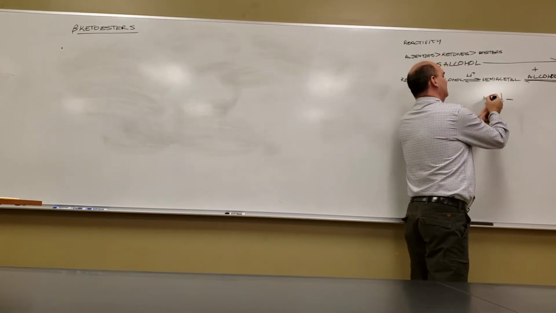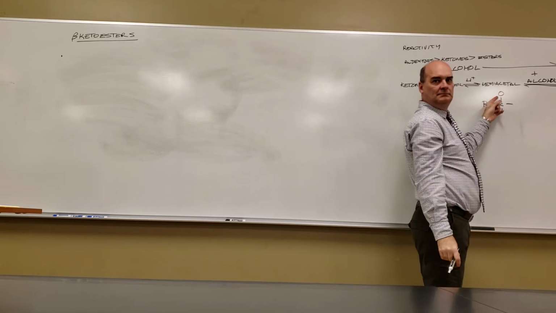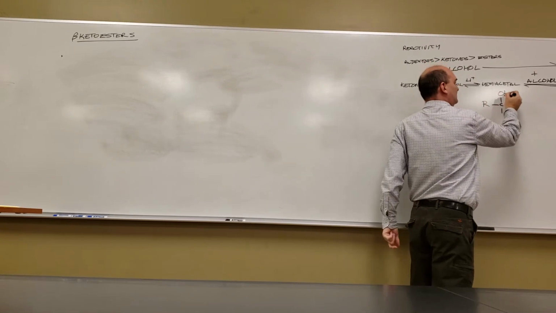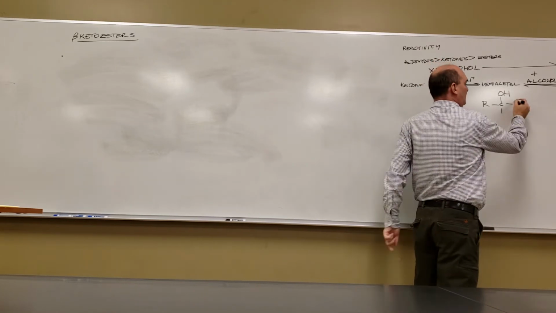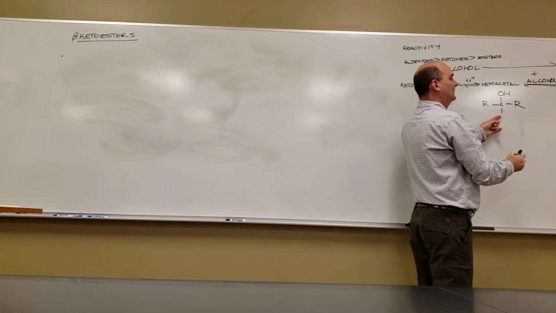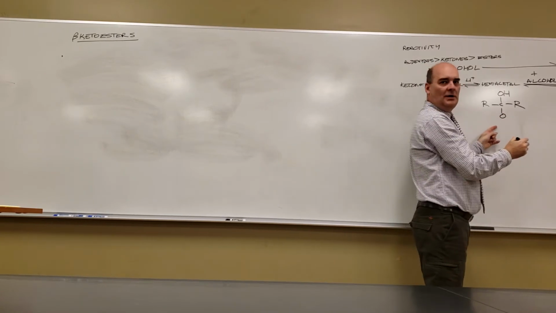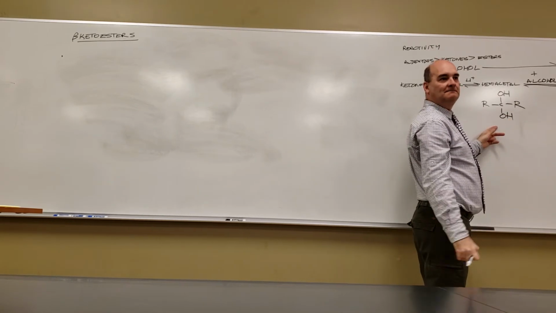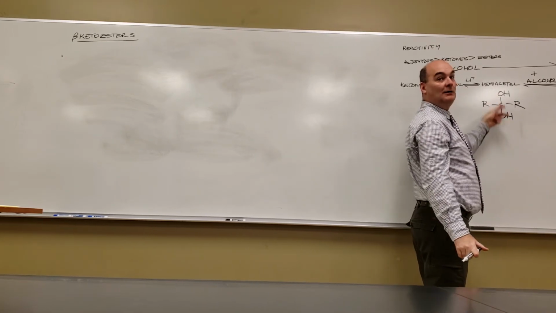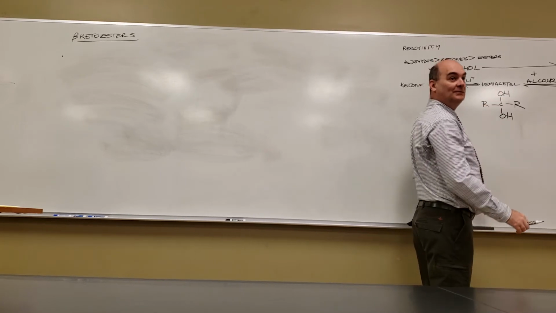R group. What's here? Oxygen. Hydrogen. What's here? R group. What's here? Another OH. That's a geminal diol. Damn it. It's a diol. Two ols is an ol, there's an ol, there's two ols.